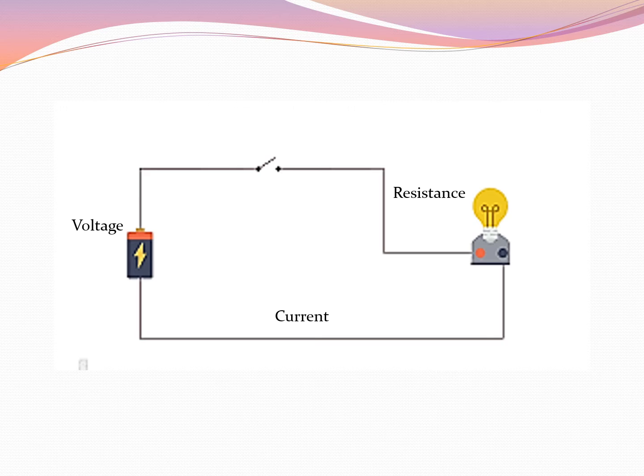So anything that affects the flow of current is resistance. The current, don't forget, is the flow from one point, from the battery or the main source, going to the unit, like, as you can see here, the bulb.